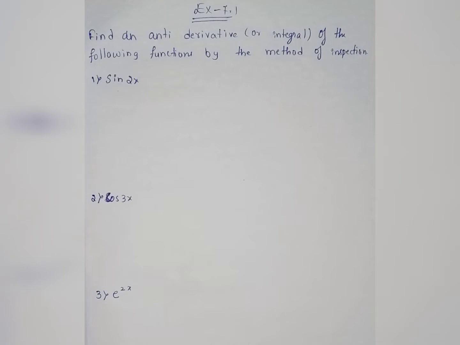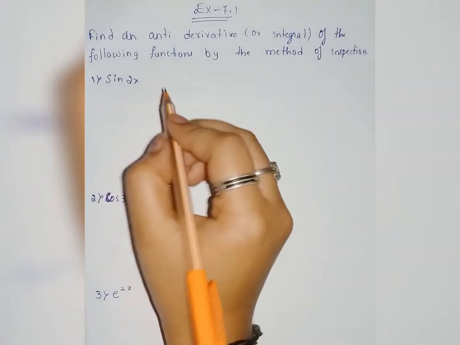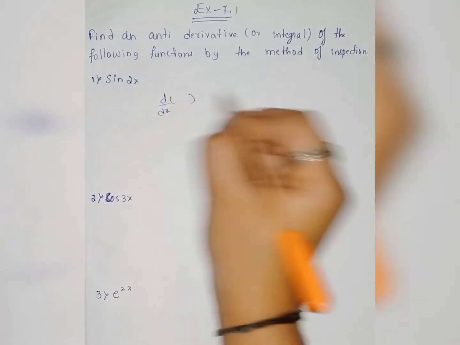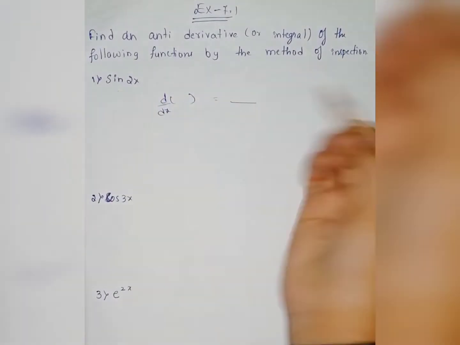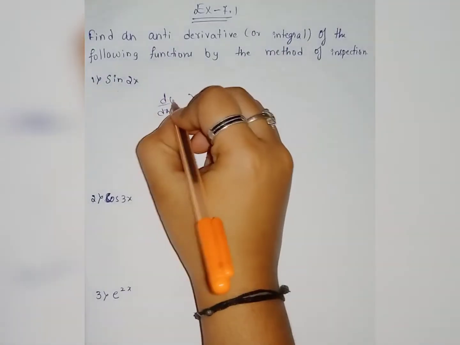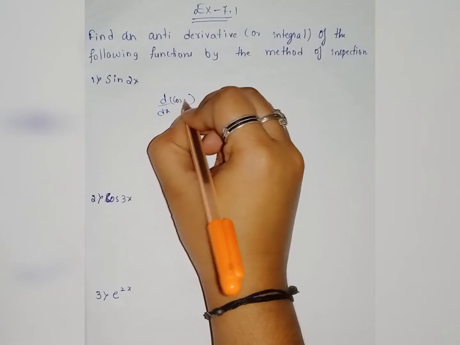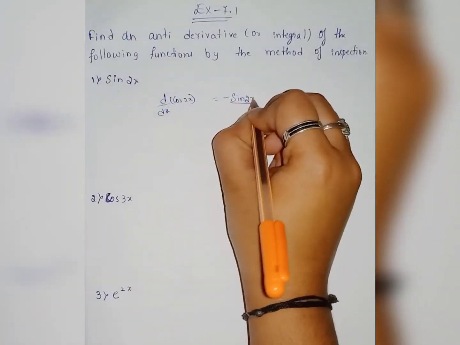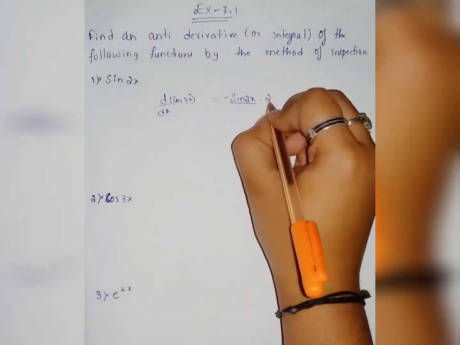Find an antiderivative or integral of the following function by the method of inspection. The method of inspection is that we take a function and differentiate it to get the given function. We clearly know that differentiation of cos is sine, so for cos 2x we get minus sine 2x, using the chain rule, into 2 into 1.